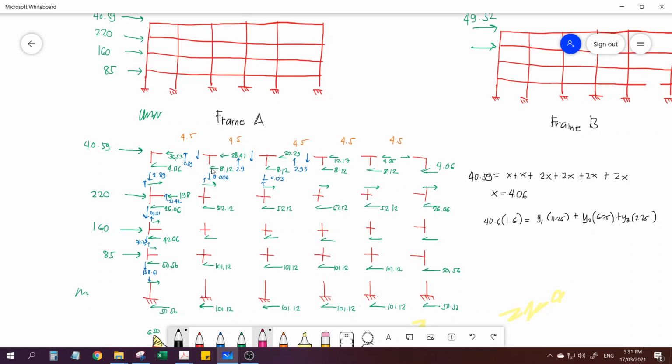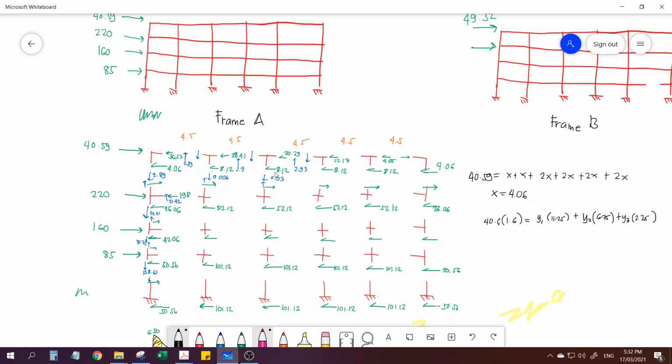So, how many interior yan? 1, 2, 3, 4. So, 1, 2, 3, 4. And then, dalawang x. So, dalawang single shear. So, you have 10x. So, basically, 40.59 divided by 10, ang magiging x mo is 4.06. So, ibig sabihin, yung shear dito is 4.06 sa exterior. Okay? 4.06. So, therefore, yung shear sa interior is times 2 of that.